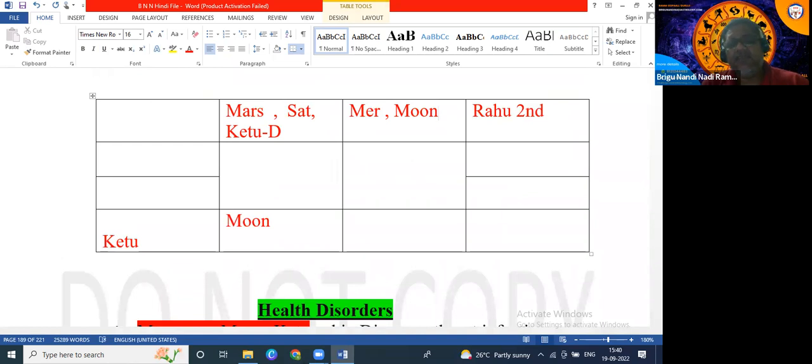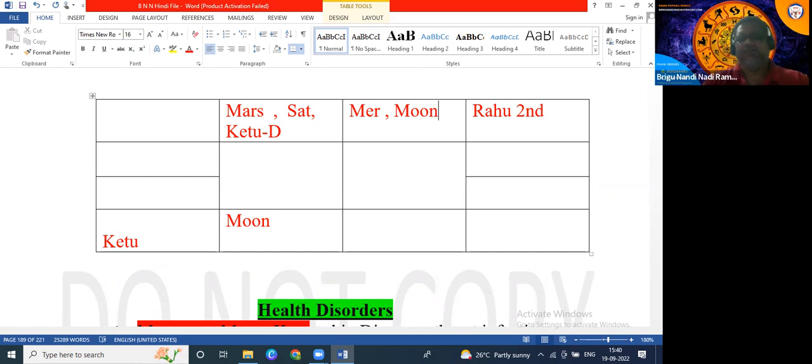So the mother, having a connection with Mercury, may get these types of health problems, leukoderma or eczema or whatever skin problem it may be. So the mother may have this problem because the Moon is connected to Mercury.